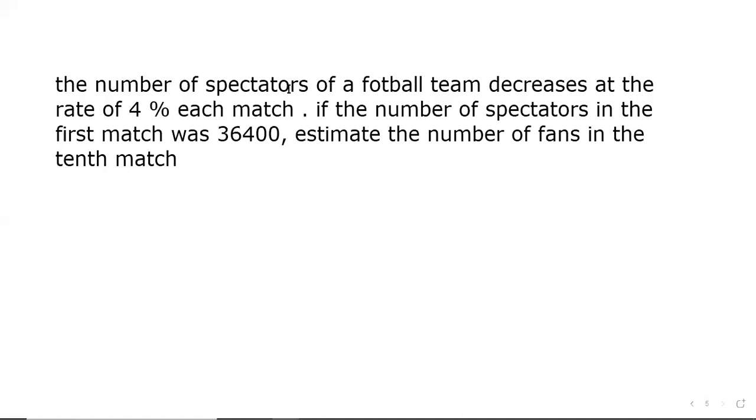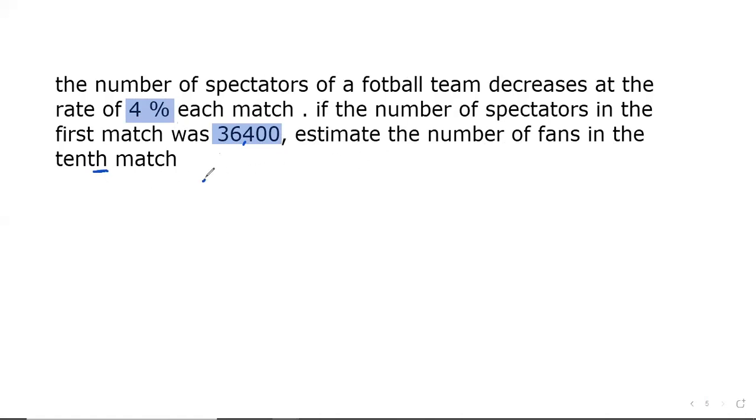The number of spectators of a football team decreases at the rate of 4% each match. If the number of spectators in the first match was 36,400, this is A, estimate the number of fans in the 10th match.